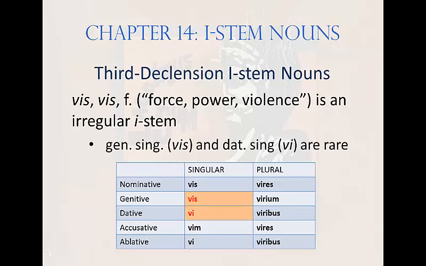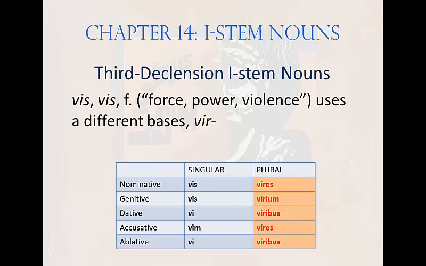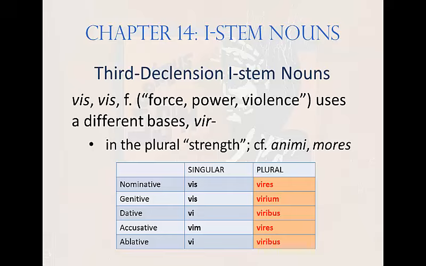The genitive singular vis and dative singular vi are attested only rarely. And finally, the plural uses a different base, not v, but vir, producing vires, virium, remember it's i-stem, viribus, vires, viribus. Like animi and mores, the plural has a singular sense, strength.